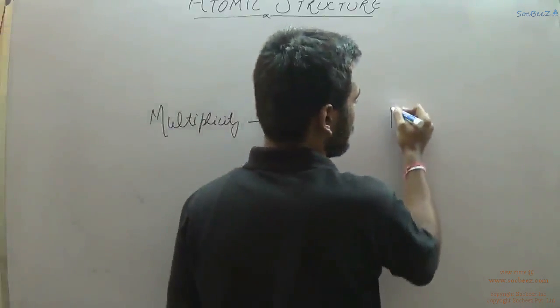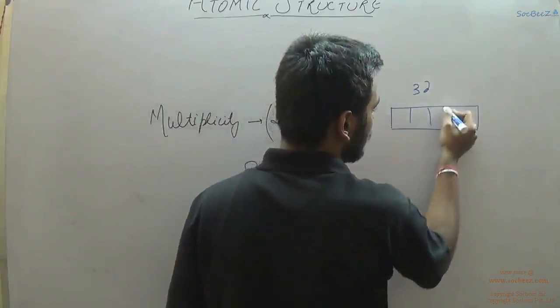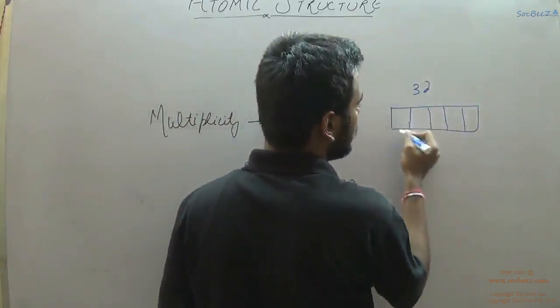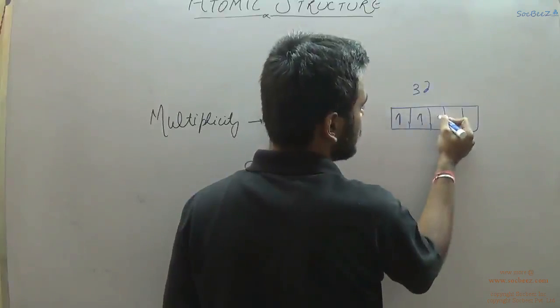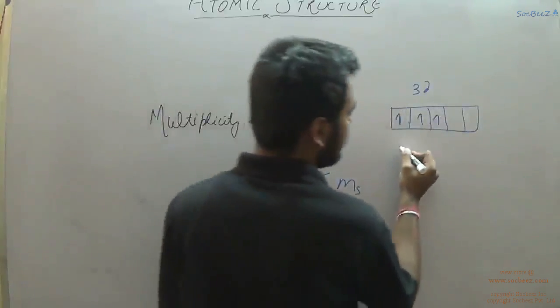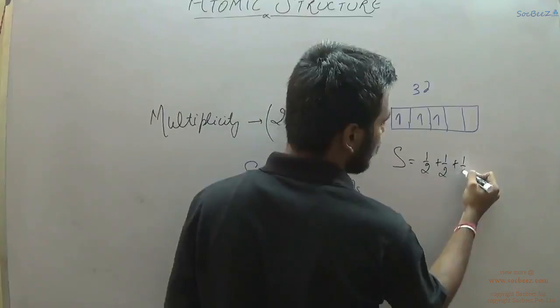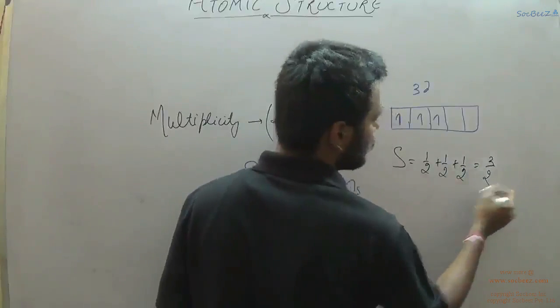Suppose a 3D orbital is there, and these are the 3D orbitals. One electron is filled here, here, and here. Then S will be half plus half plus half, that is 3/2.